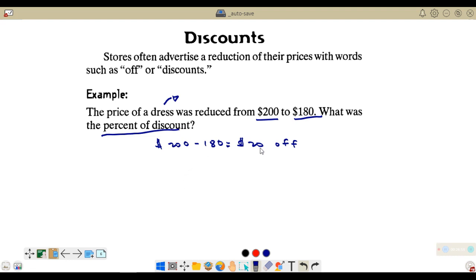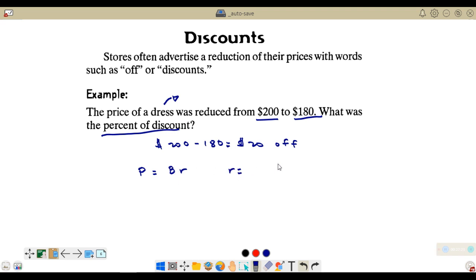So, this difference, we are going to use as our P, in P is equal to B times R. The 20 dollars off will be our P, the portion, and 200 will be our B, the base, the original price, and our rate is missing.